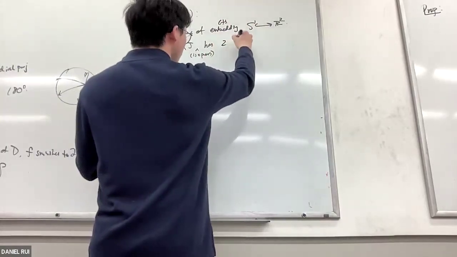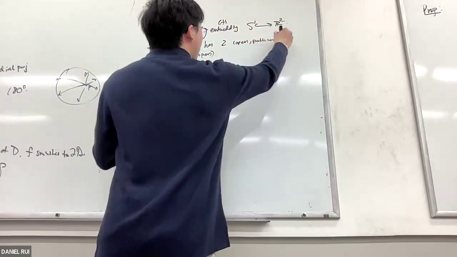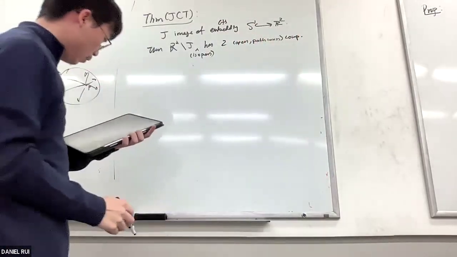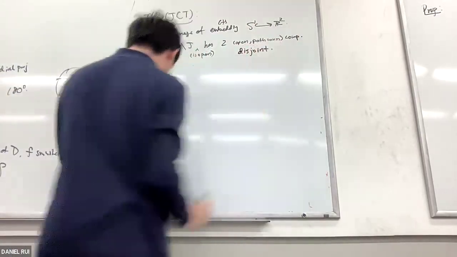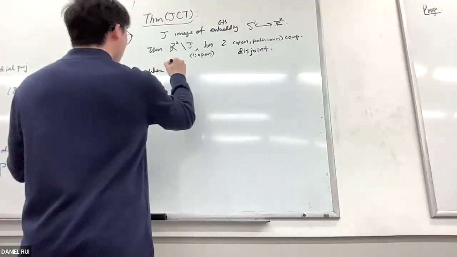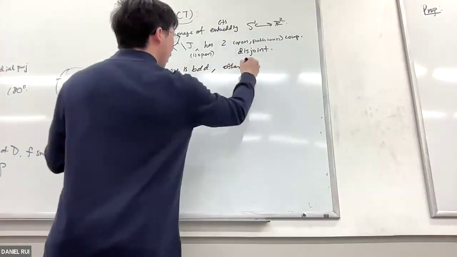It has two open path connected components that are disjoint, otherwise they wouldn't be called components, where one is bounded and the other is unbounded.